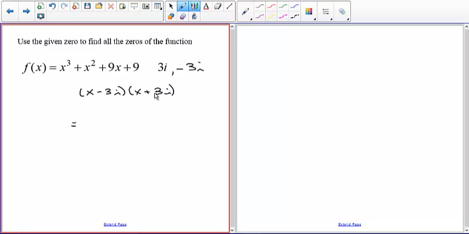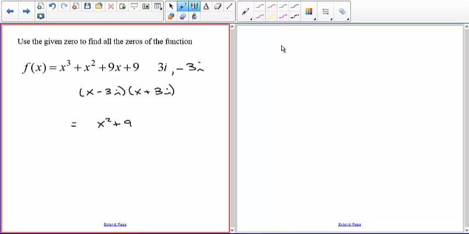So if we now multiply these things together, we'll get x squared. The inner and outer will cancel out. You'll have negative 3 times positive 3, which is negative 9. I times I, which is i squared, which is negative 1. So we'll get x squared plus 9.